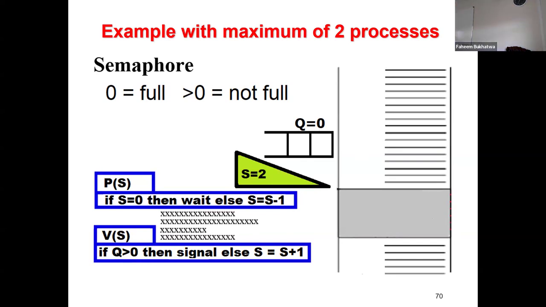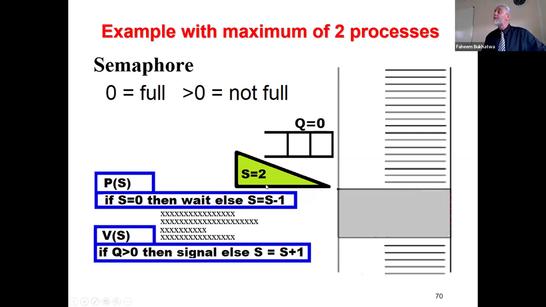So we start with S for semaphore equals 2. That means our critical section can take 2 users. Maybe it's a petrol station that has 2 pumps, or maybe a room in a hospital that has 2 oxygen pipes. We can only move 2 patients in there. No more patients can go in there. Right? So it has a queue. It's like the wait and signal.